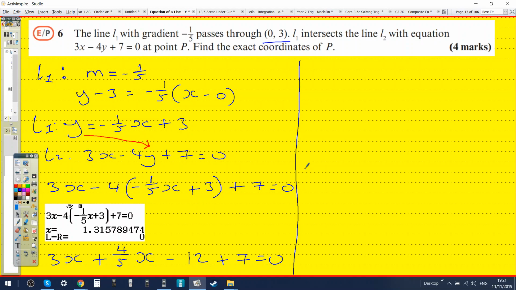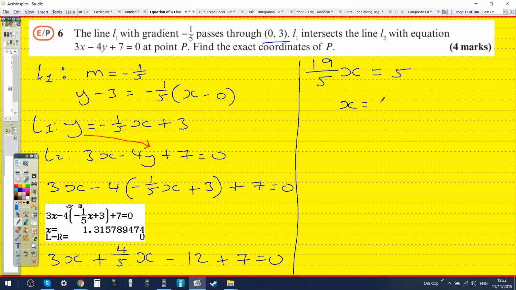If I had 3 plus 4 over 5x, it'll give 19 over 5x. Yep. Minus 5. And then it'll be 19 over 5x equals 5. And then will it be x equals 5 divided by 19 over 5? Yep.